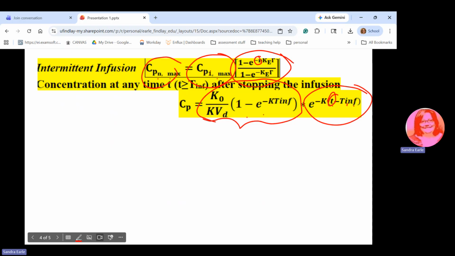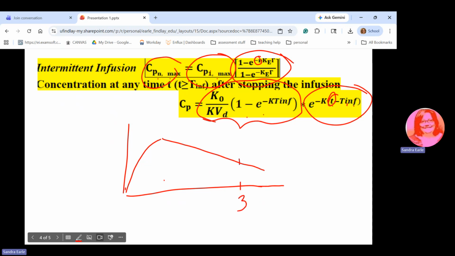Maybe we want to know what the concentration is 3 hours after the end of infusion. If we're giving it for 1 hour, that's going to be 4 hours after giving the drug, right? So this difference is what matters, right?